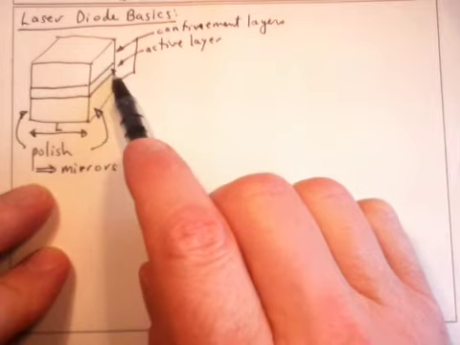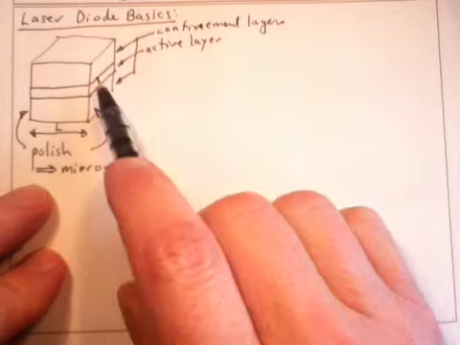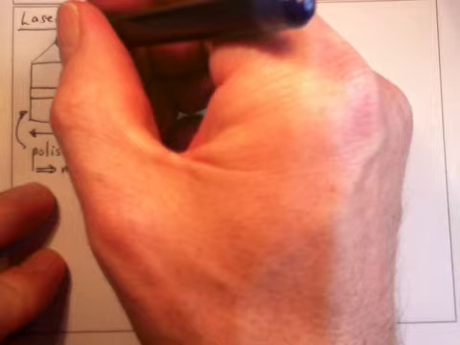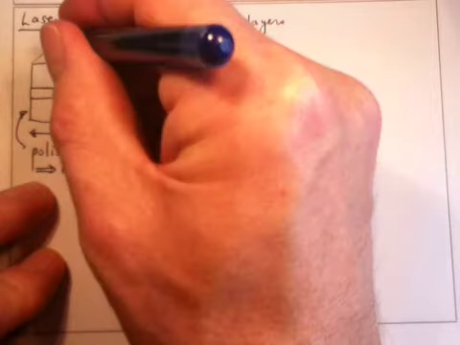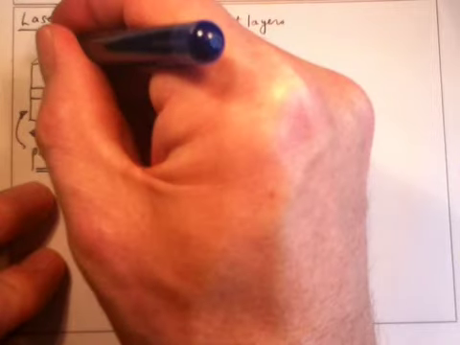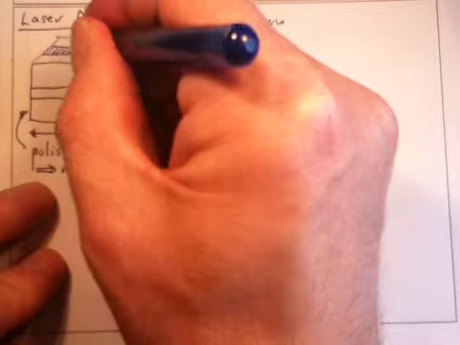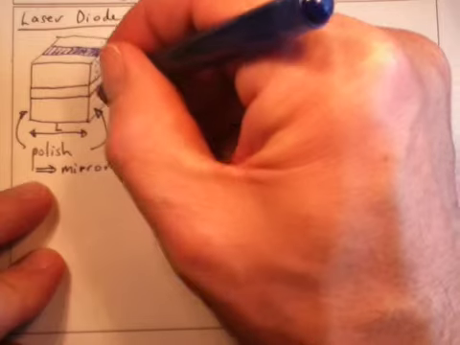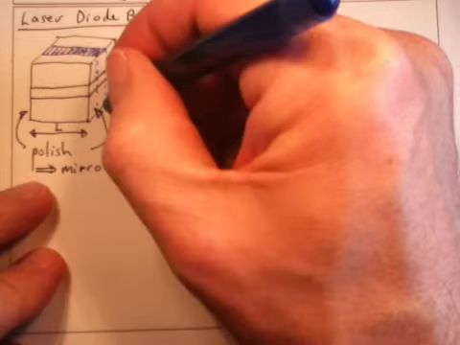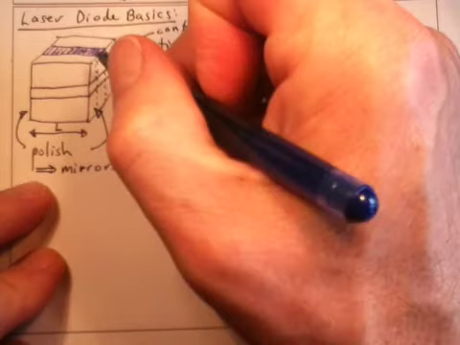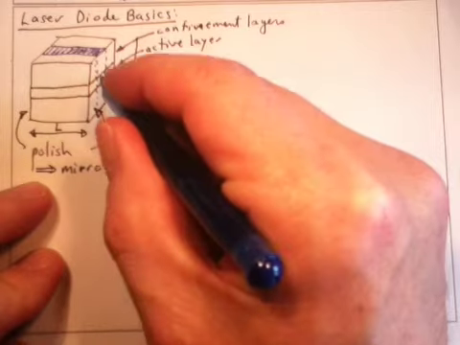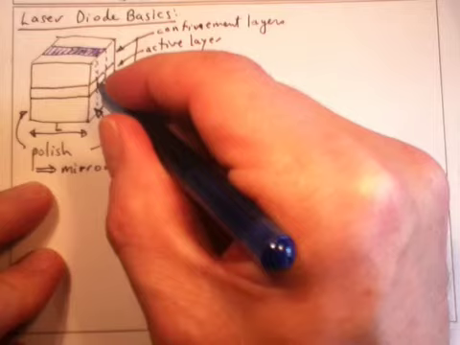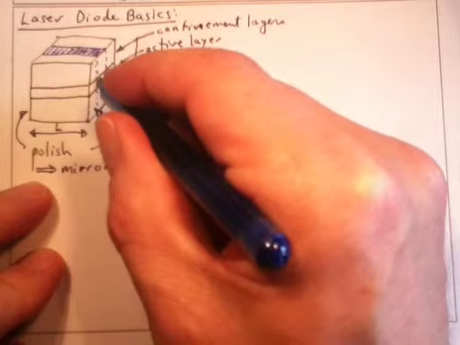So we have higher index on the outside, and so we have total internal reflection in this layer here. Now we put electrodes on the top and the bottom, and we confine those electrodes to some horizontal extent so that they can confine the light to the part of the active layer which is actually going to be active.